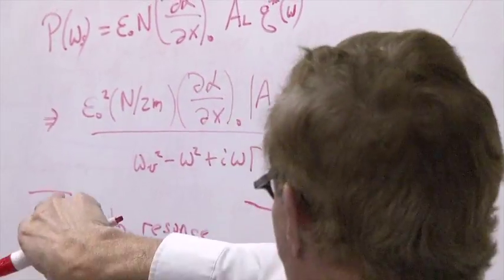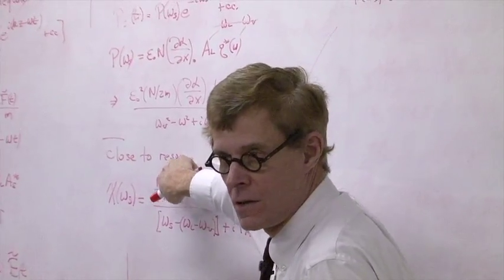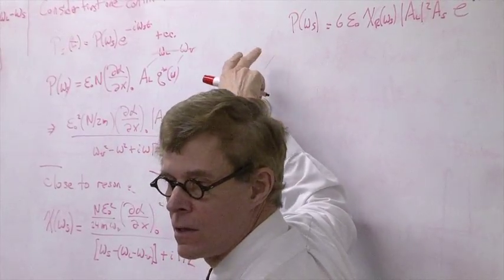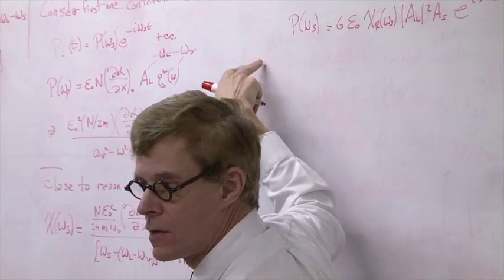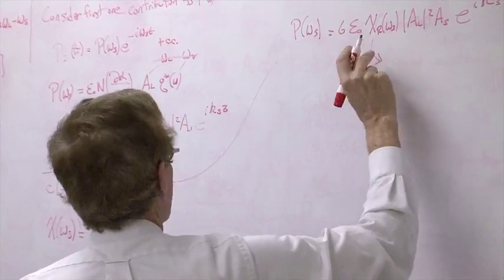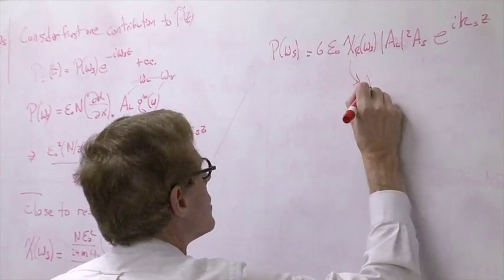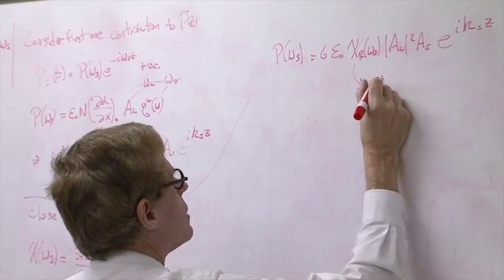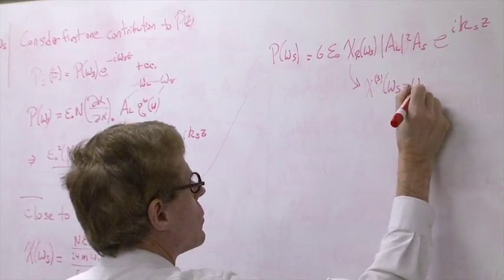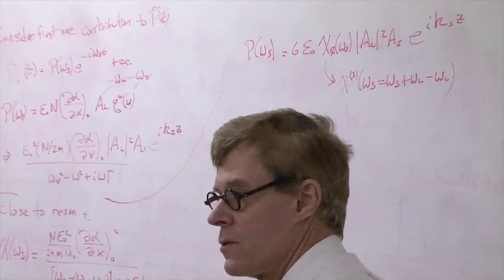Sorry, I left out a line. We had derived an expression for the polarization at the Stokes frequency. I now choose to write the polarization as a nonlinear susceptibility. Nonlinear susceptibility is defined in this manner. I'll call this chi Raman at omega s, meaning that this is defined to be chi 3 at omega s equals omega s plus omega laser minus omega laser.